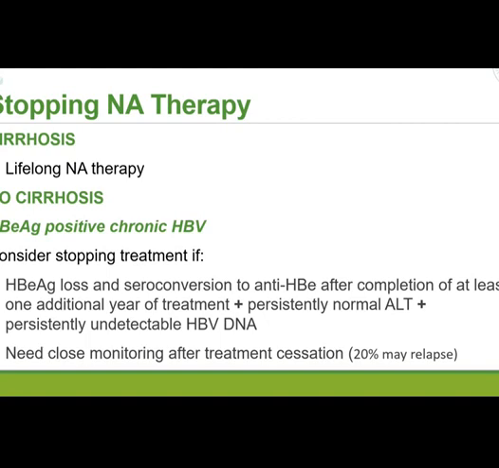If a patient does not have cirrhosis and is hepatitis B E antigen positive, consider stopping treatment if E antigen is lost, with seroconversion to antibody to E antigen, at least 1 year of treatment, persistently normal ALT, and persistently undetectable hepatitis B virus DNA. At least 20% of these patients can have a relapse.